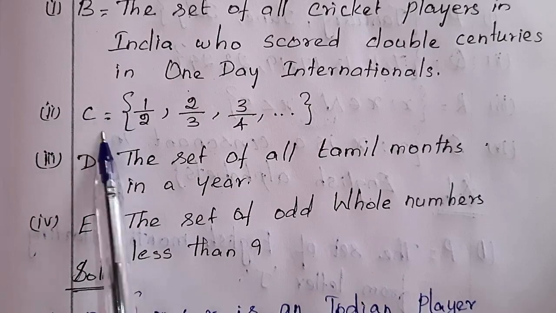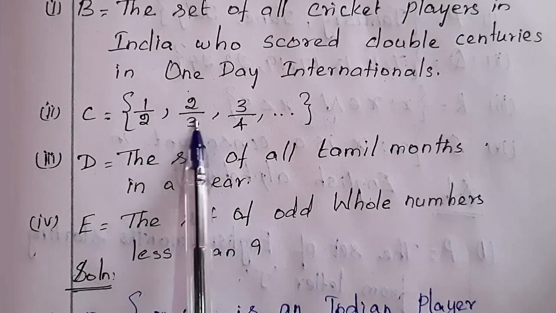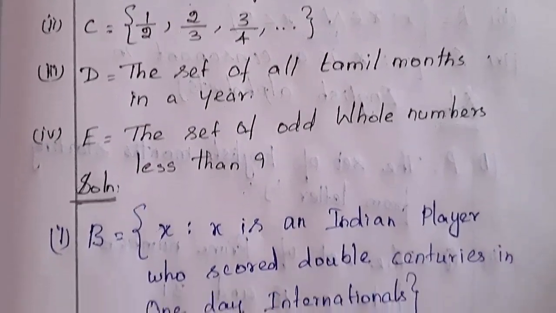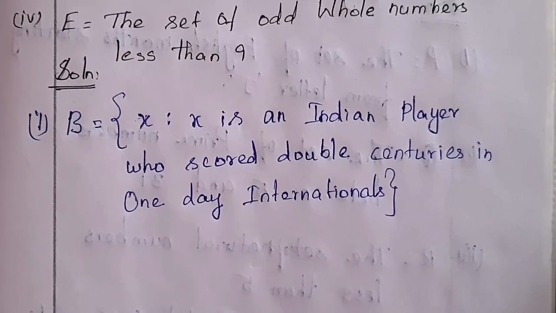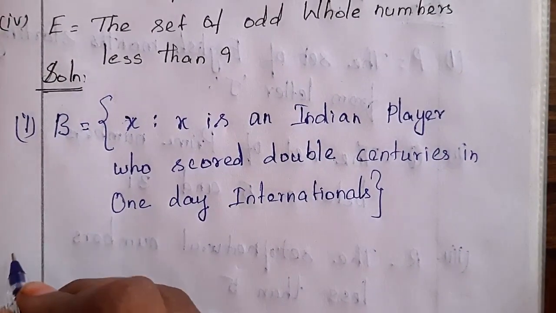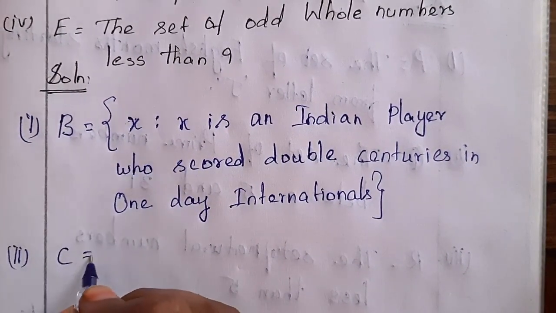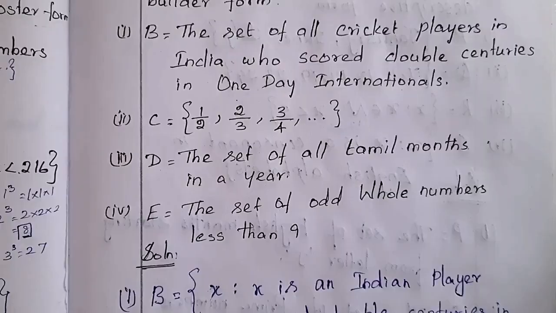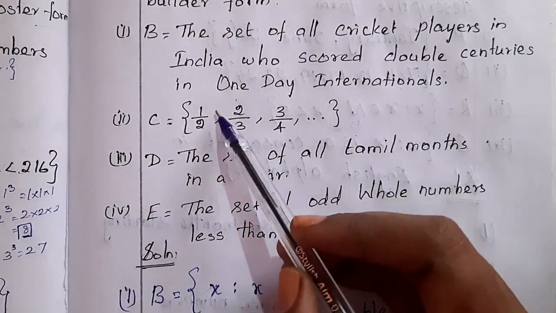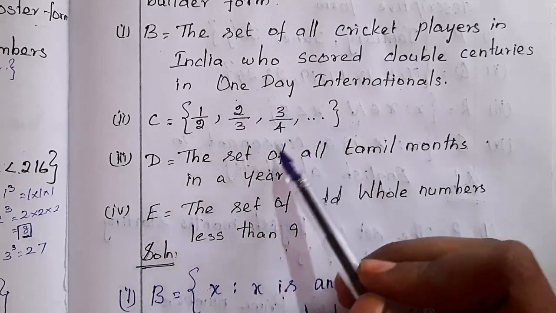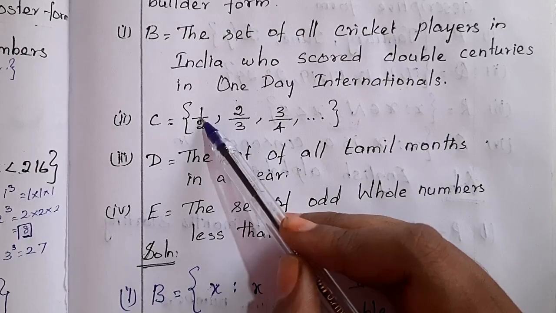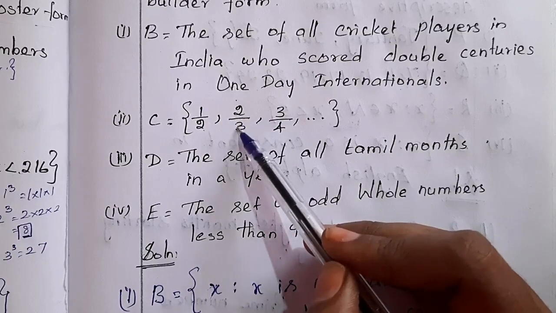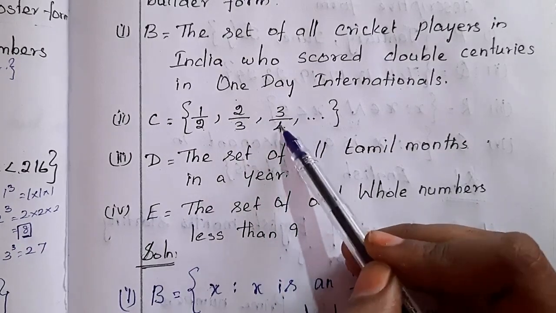Next one, second question. C equal to set of all 1 by 2, 2 by 3, 3 by 4, etc. As usual we can write C equal to set of all x such that. How can we write our x? Look at the pattern. Numerator 1, denominator 2. Numerator 2, denominator 3. Numerator 3, denominator 4.